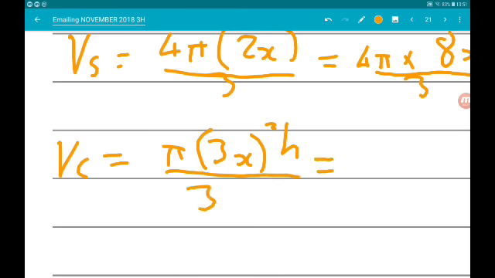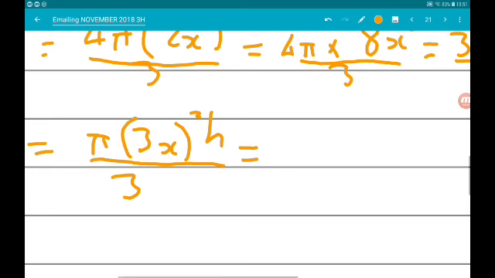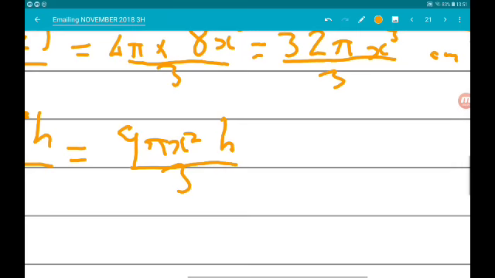Now that 3x all squared is 9x squared, so we get 9 pi x squared h over 3, which is 3 pi x squared h.